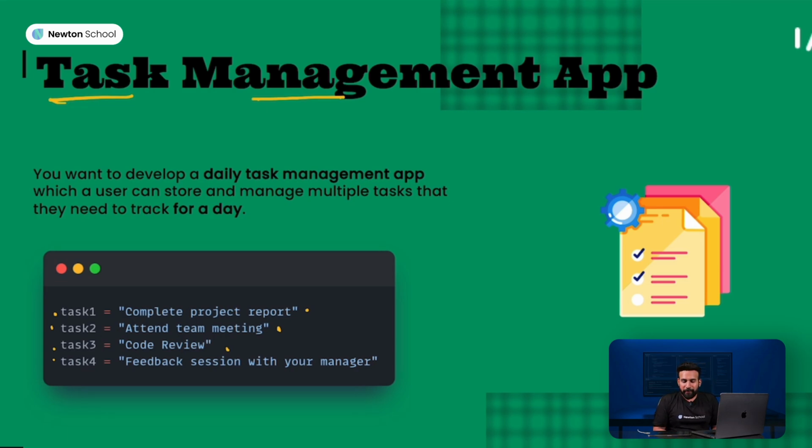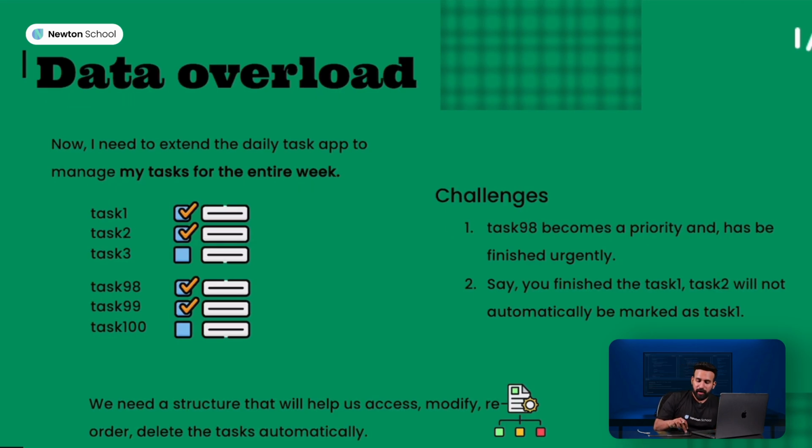Life is easy. The same task management app now has to store all the tasks that you have to do in a particular week, or particular month or whatever. And imagine that it can scale up to 1,000 tasks, 100 tasks, 50 tasks, whatever, right?